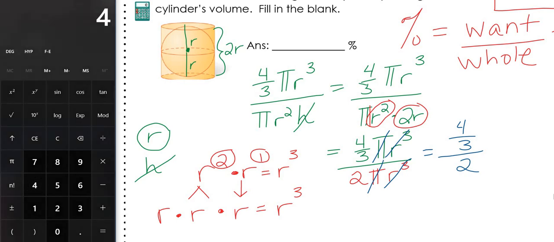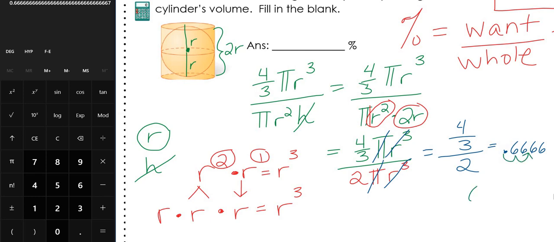So 4 divided by 3 equals, divided by 2 equals, and now that's my decimal, 0.6666, and so on. Now, if I want to turn this decimal into a percentage, I have to take that decimal, move it 2 to the right, and now we have 66.6 repeating percent.